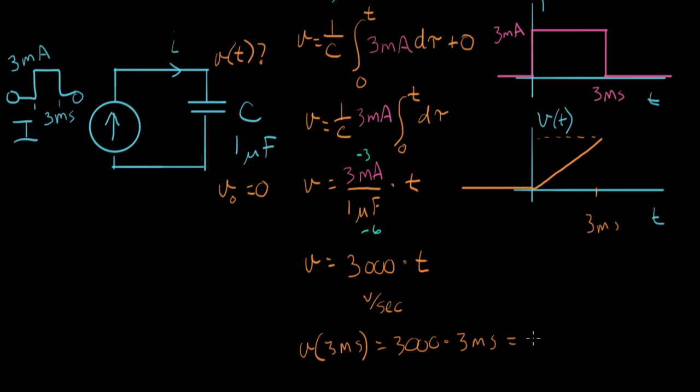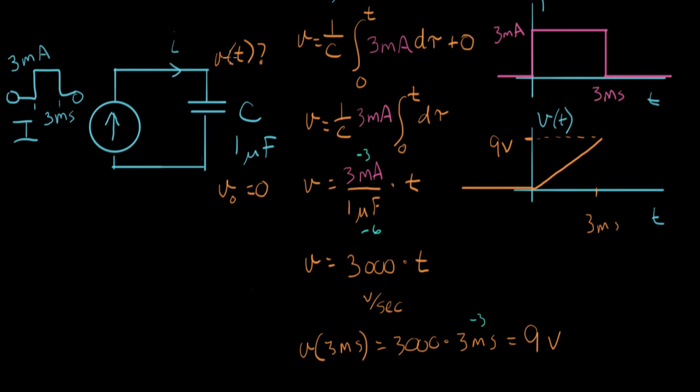And that equals 3 times 3 is 9. And 3,000 times, this is an exponent of minus 3. So it's going to be 9 volts. So this value right here, right there, is 9 volts.